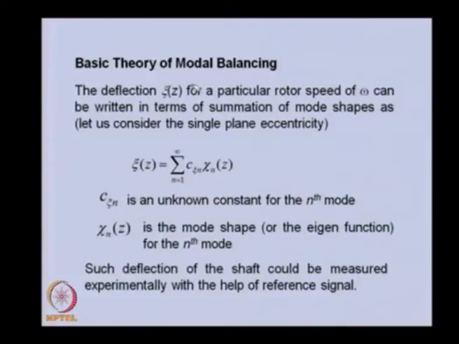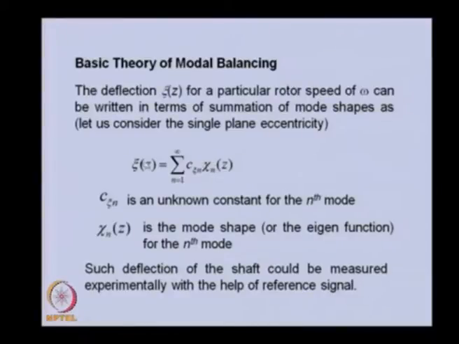When we are talking about a flexible rotor, we need to talk about at what speed we are operating. This deformation or deflection is there at a certain speed, and we can write this deflection in the form of a series using the eigenfunction.